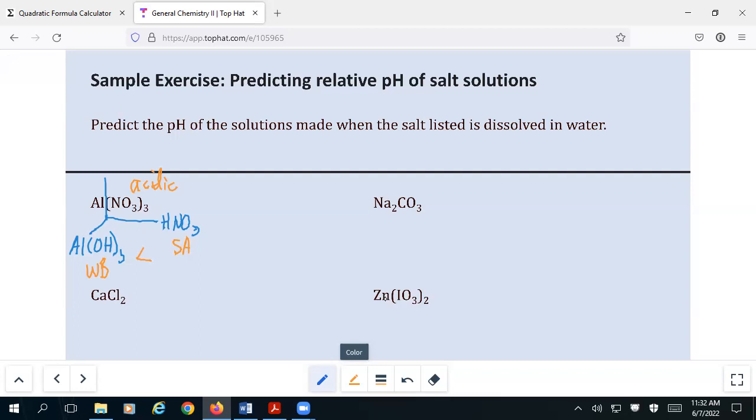Since the salt is acidic, we know that the acidity comes from the cation. If push came to shove, and we actually needed to calculate the pH of this, we would look for the Ka value of the aluminum as our way to go about the calculation. Not there yet, but that's where we would look.